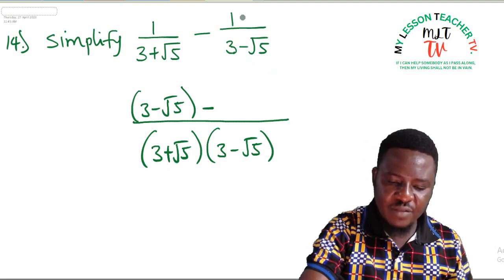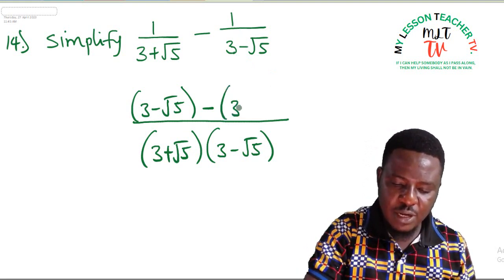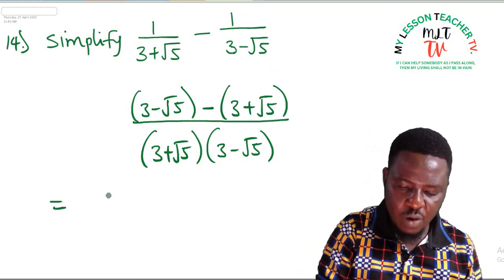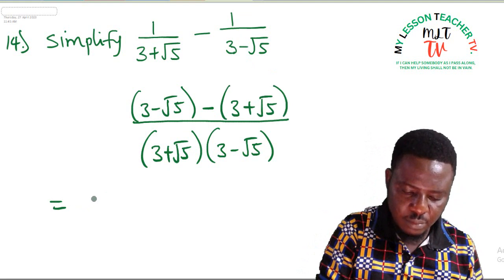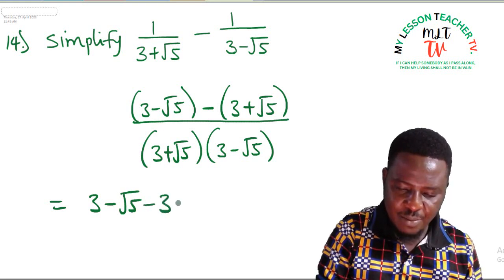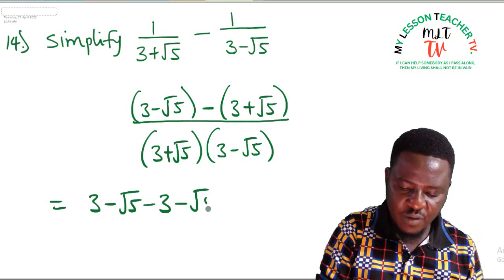And 3 plus root 5 times 1 gives us 3 plus root 5. So when you simplify this, it's going to give us, we have 3 minus root 5 minus 3 minus root 5.